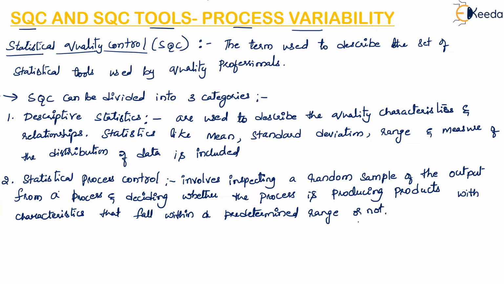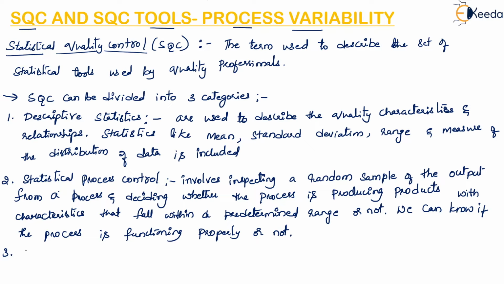So this statistical process control will answer the questions of whether this process is functioning properly or not. So from this statistical process control, we can know if the process is functioning properly or not.